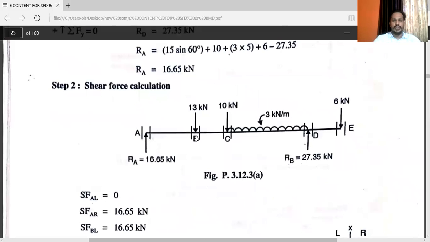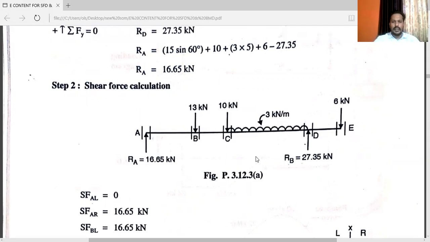You can see in the diagram, we have the value of Ra, that is 16.65. Here we have the value of Rb, that is 27.35. We have the vertical component of 15 kilonewton, that is 15 sin 60 degree, that is 13 kilonewton.